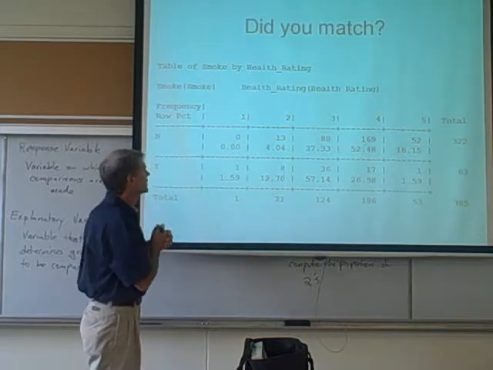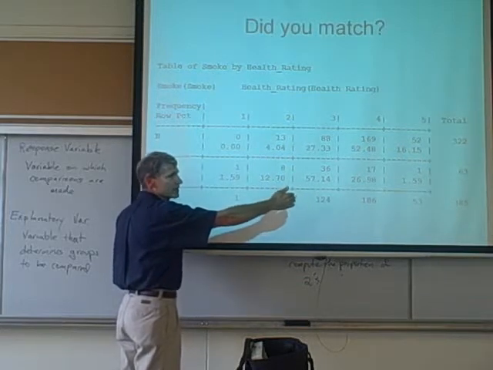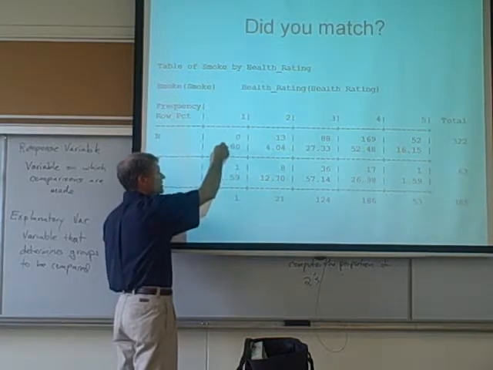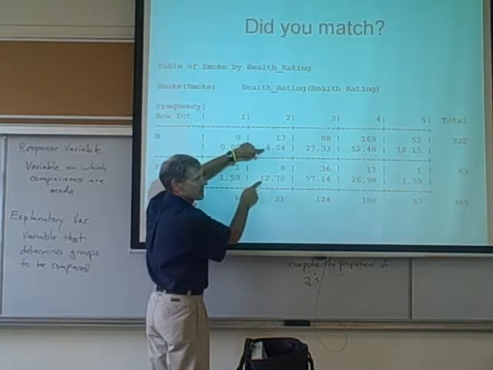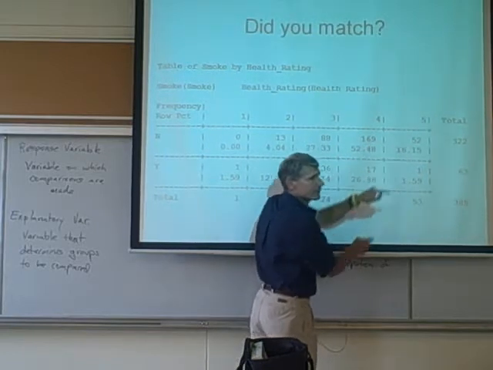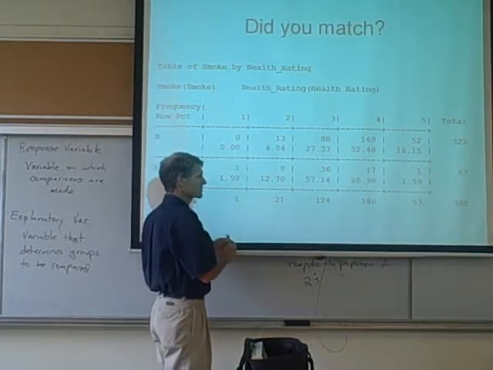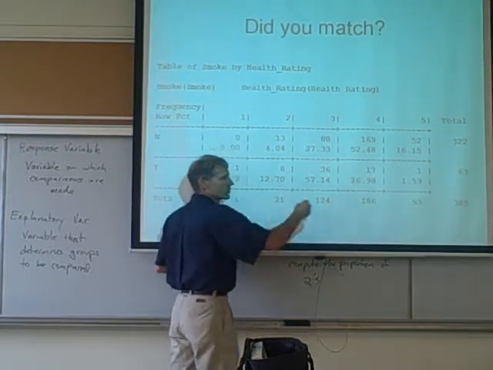They'd all be even. The columns wouldn't be the same, but within a column, you'd expect these 2 numbers to be about the same, and so on, occurring in about the same proportion as the column totals.